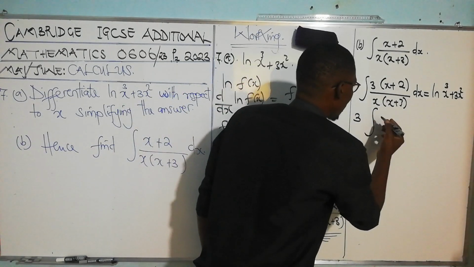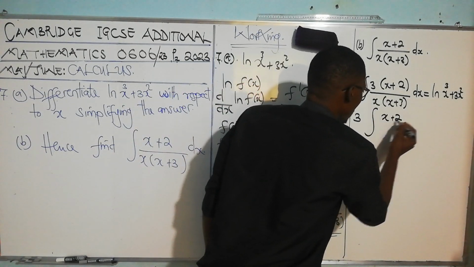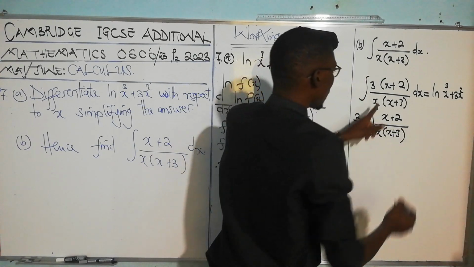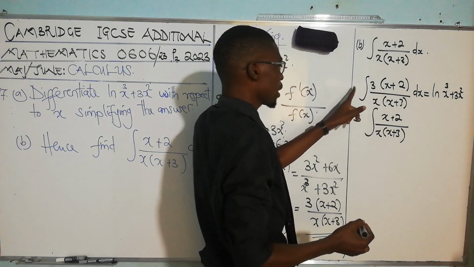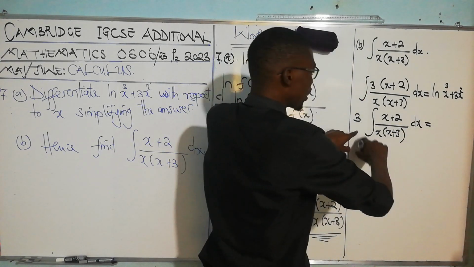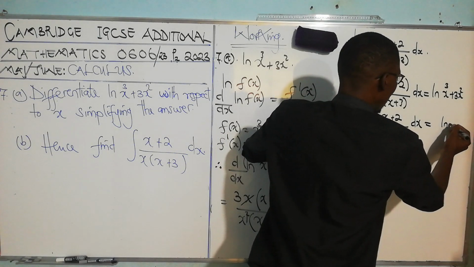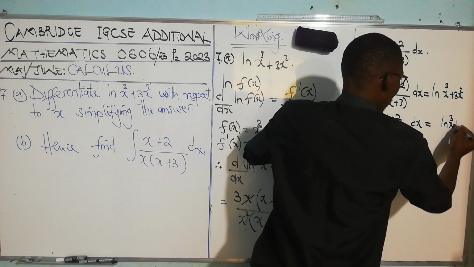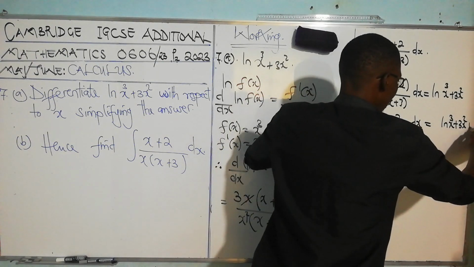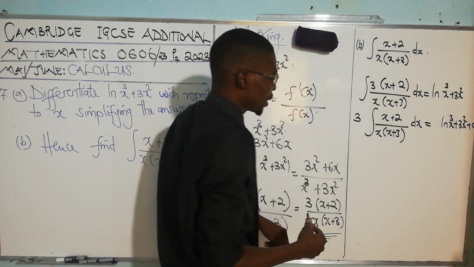So you have 3 outside, then you have (x plus 2) over x times (x plus 3). This 3, which is a constant, can come outside. Then with respect to x, this is what is giving us ln of x cubed plus 3x squared, plus the constant of integration, c.